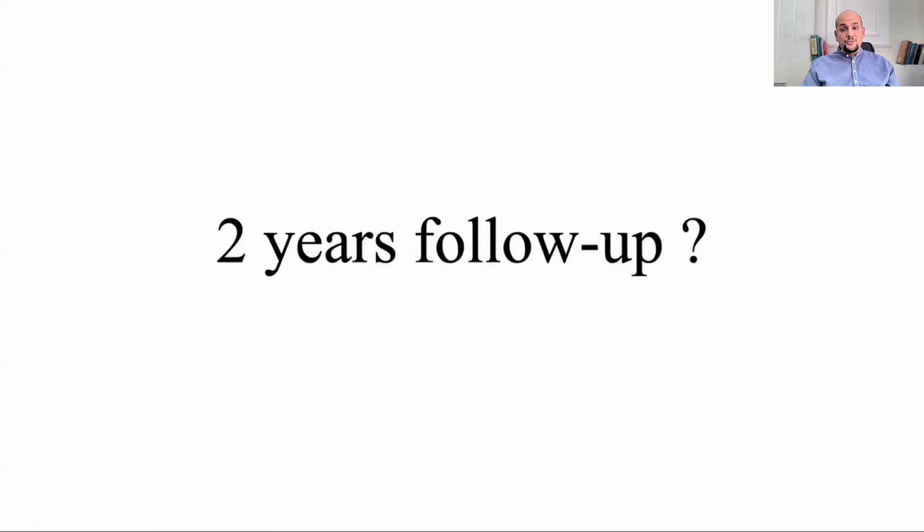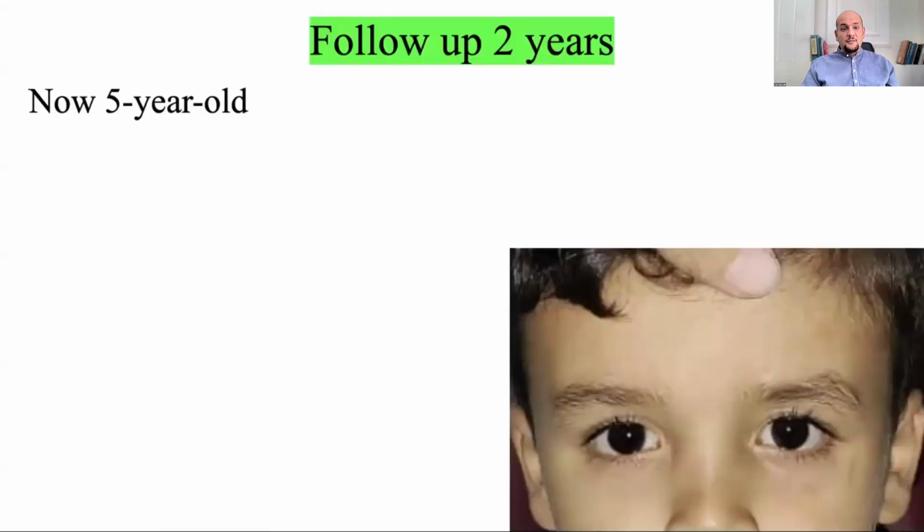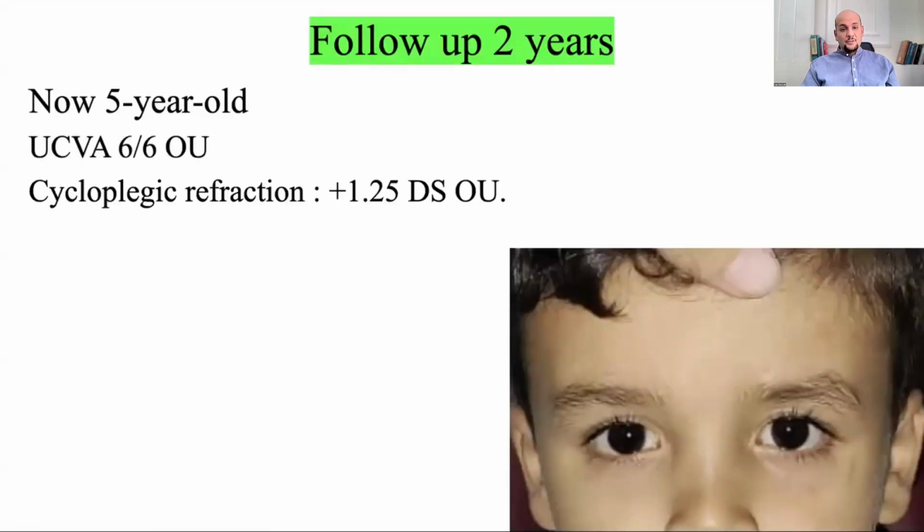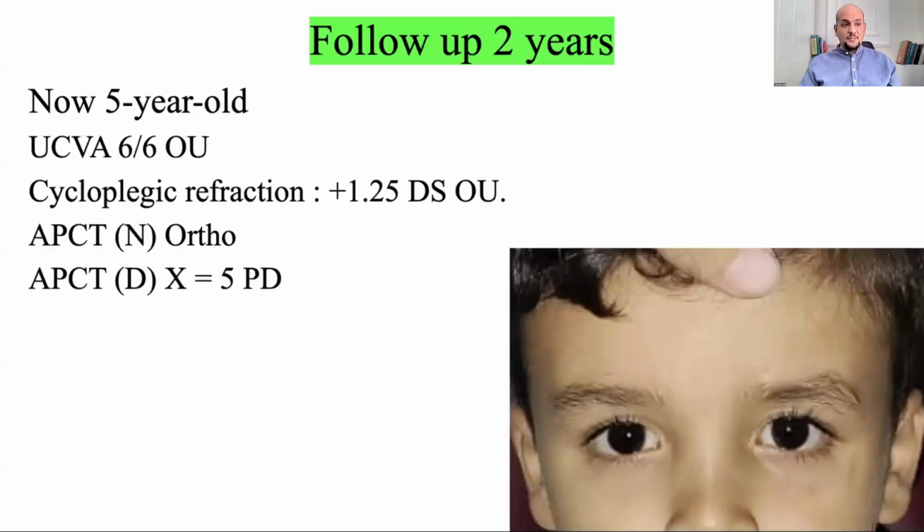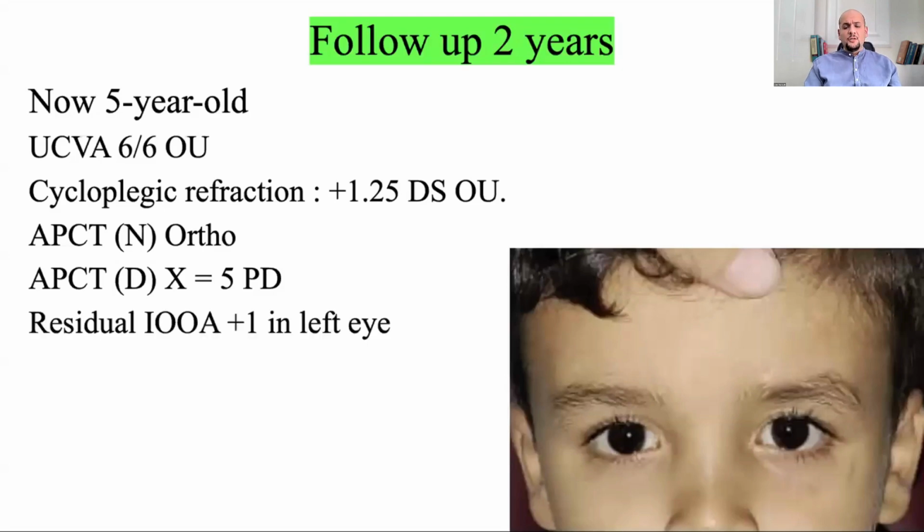What happened after 2 years? The child now is 5-year-old with 6/6 vision in both eyes and alternate prism cover test at near ortho and at distance small exophoria of 5 prism diopter with residual inferior oblique overaction +1 in the left eye.